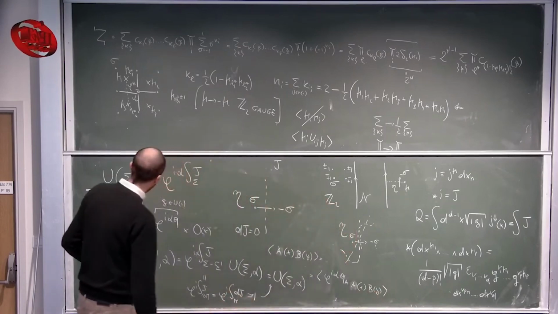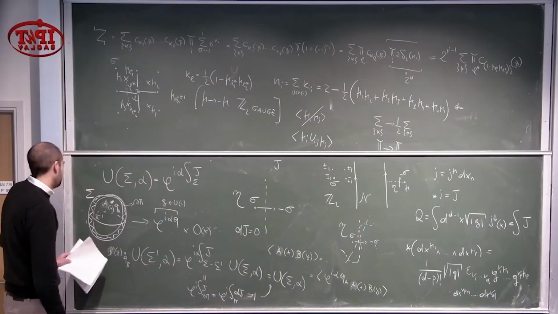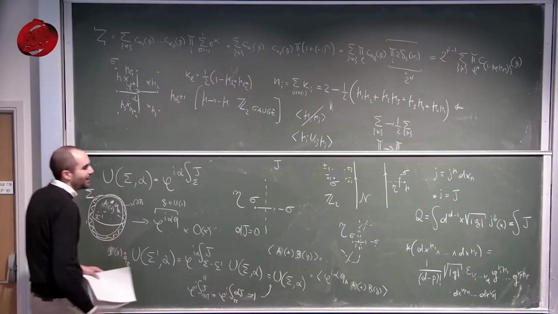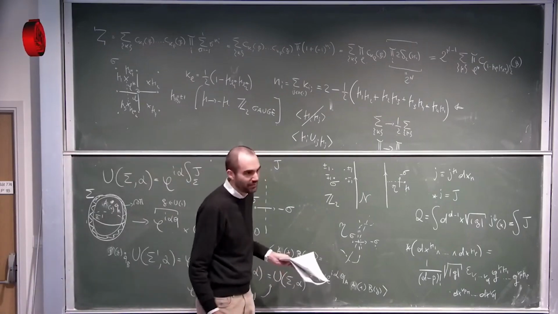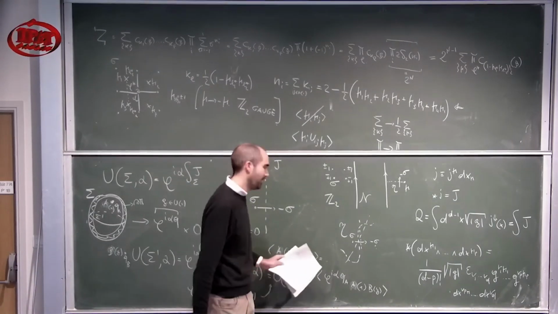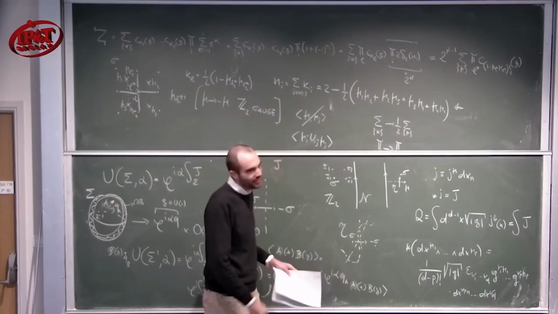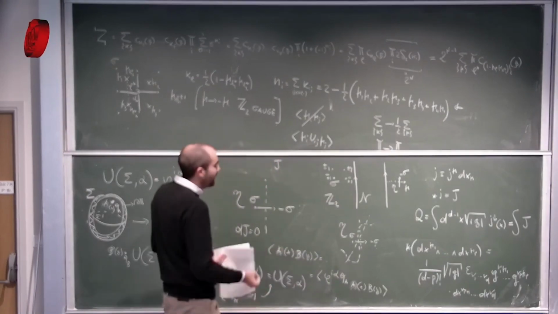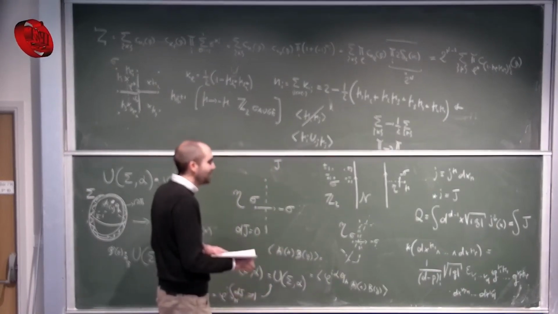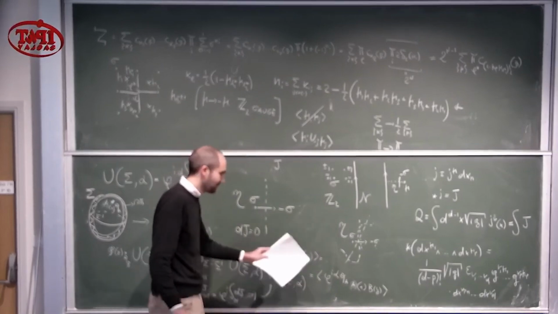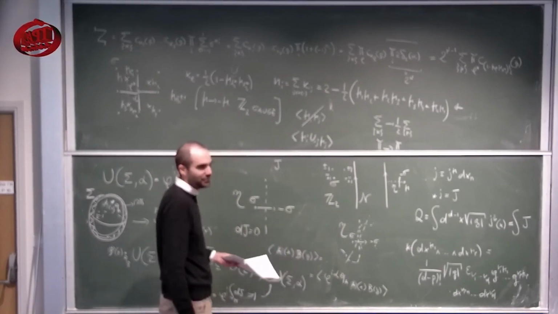In the opposite case, the action would be e to the i alpha Q_B. If both were inside, you would have e to the i alpha (Q_A plus Q_B). And the statement that you have a symmetry of the theory is that all these operations give you the same correlation function.